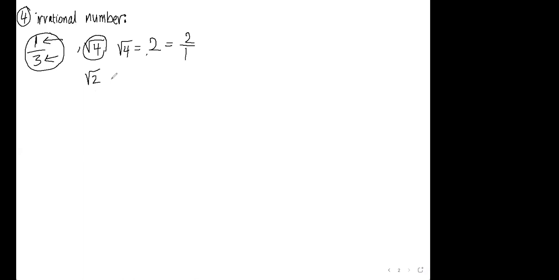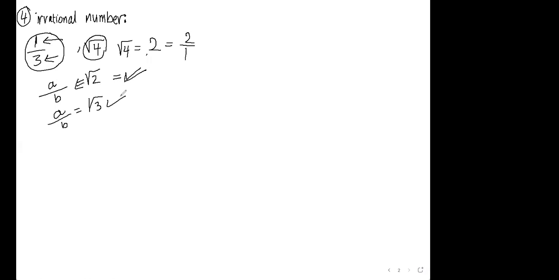Yes, it's irrational, because the square root of 2, I cannot write it as a fraction A over B, such that A and B are integers and B is not equal to 0. So square root of 2 is irrational. What about square root of 3? Can I write it as a fraction? No, I can't. So this is irrational.